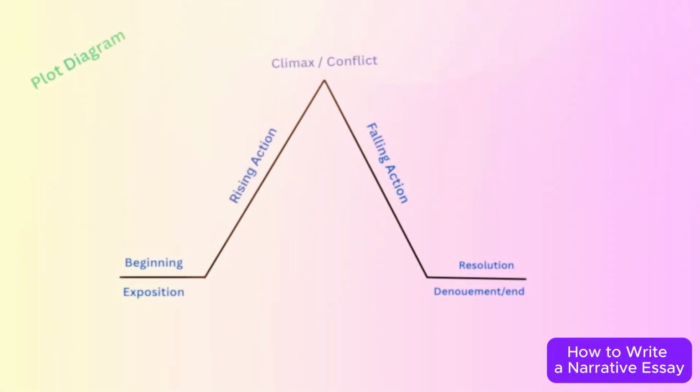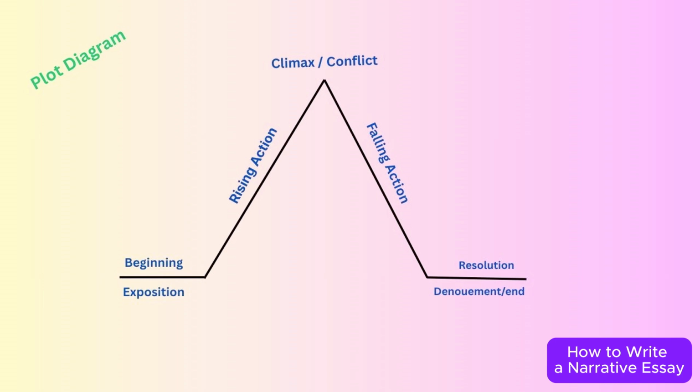Just have a look at the plot of the story. If you are writing a narrative essay, you must follow this plot of the story. After all, you are presenting the various events of the writer's life, and this narrative essay has to follow these 5 phases.